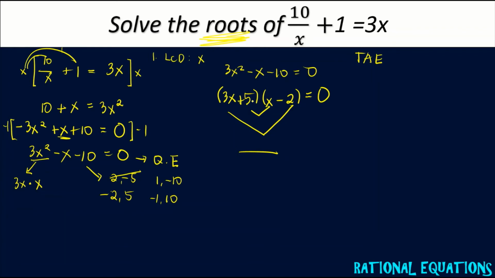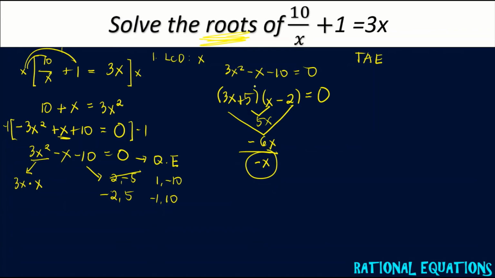Okay, so we have positive 5 and negative 2. Okay, 5x, we have also 3x times negative 2, we have negative 6x. And kunin ang sum natin, 5x minus 6x, magkakaroon tayo ng negative x. And fortunately, nakuha na natin yung kaparehas na middle term.